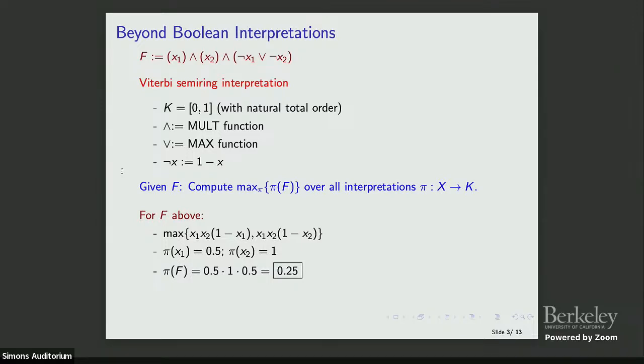Of course, there are other interpretations that maximize this as well. But a good thing is that even in this interpretation, the formula is satisfiable if and only if it evaluates to a maximum value of 1. Notice that here the formula was not satisfiable, but we did get something other than 0, so there is probably some valuable information gained by this particular interpretation.